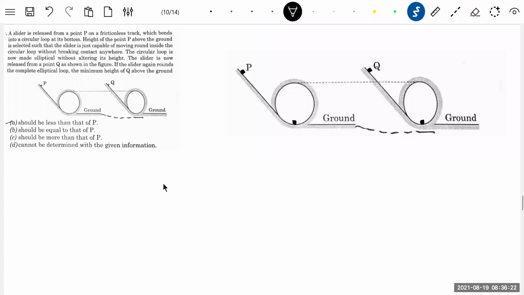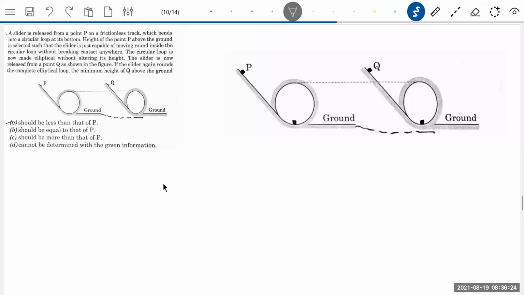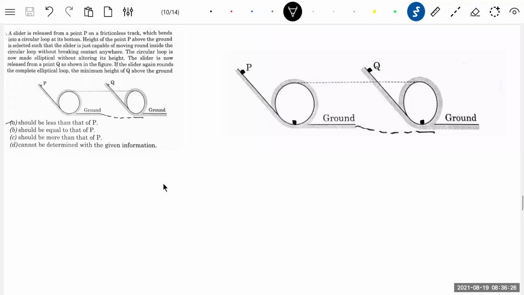The minimum height of Q above the ground. So here I'll release it. This height we'll take as HP. This height, let it be HQ. Look at this one now, HP and HQ.